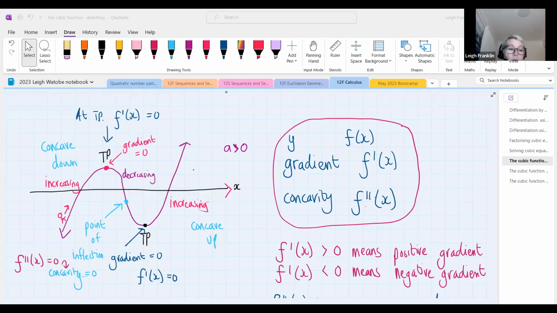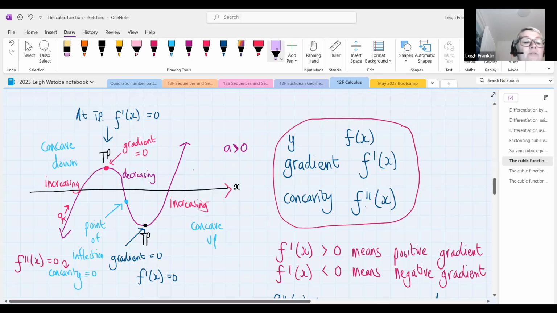Okay, so what we were just discussing was that at some point on the function, the graph changes from being concave down to being concave up. So here, what I'm highlighting in purple, the graph is concave down. When you get to the point of inflection, the concavity changes.